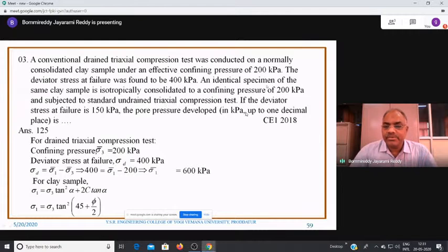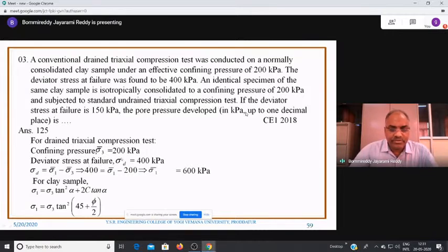An identical specimen of the same clay sample is isotropically consolidated to a confining pressure of 200, and subjected to a standard undrained triaxial compression test.